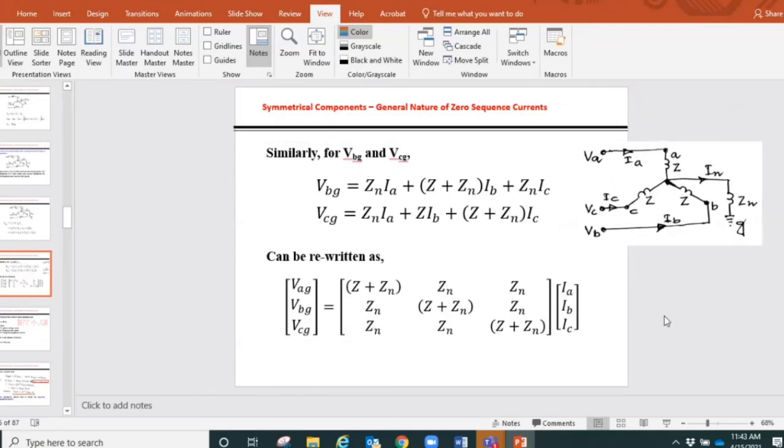Right, so VA, VB and VC can be expressed in terms of these impedances and the respective currents, looking at the equations. When we have done that, we can write them in matrix form.